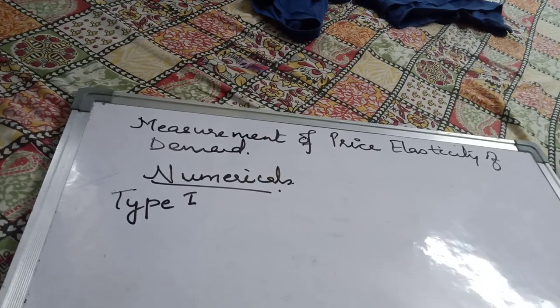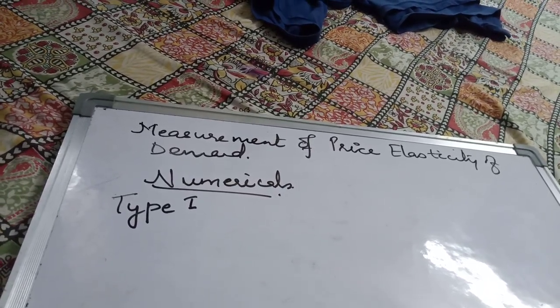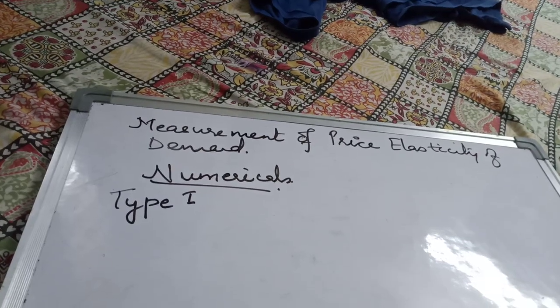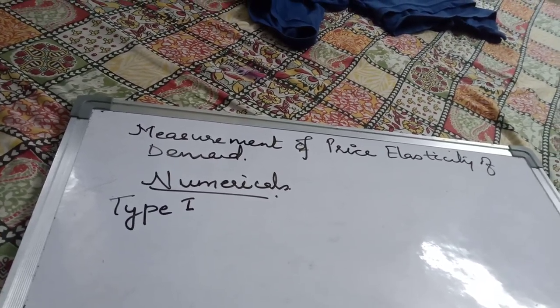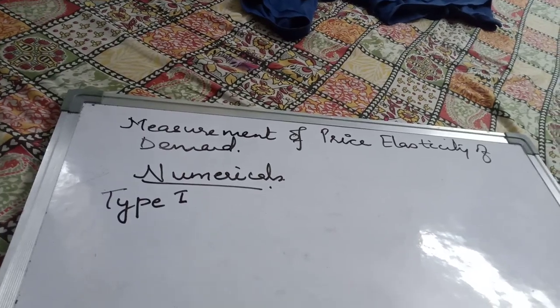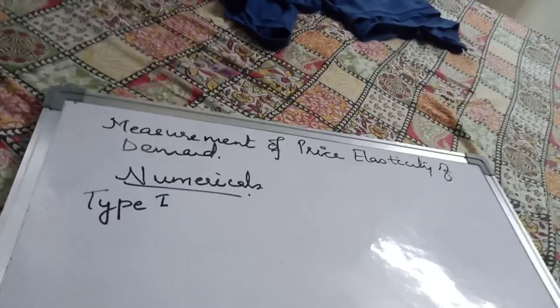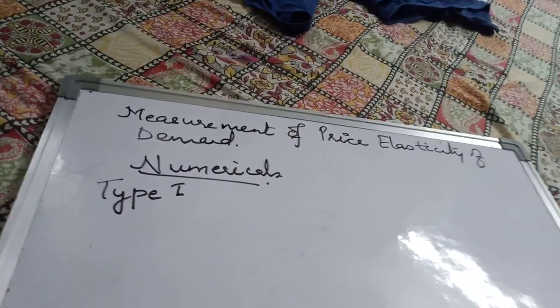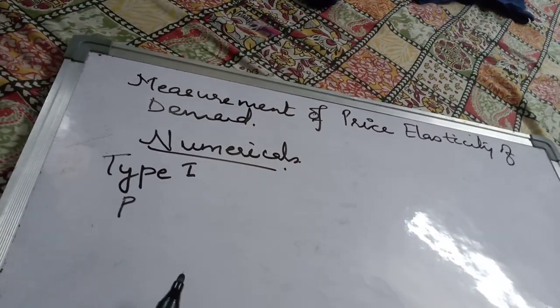But when the price falls to rupees 15 per unit, demand expands to 300 units. Calculate elasticity of demand. So if you see, all the components are given.